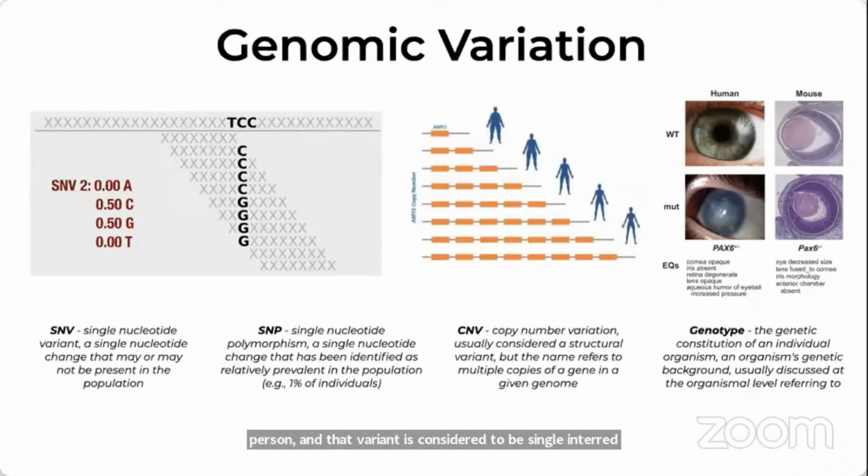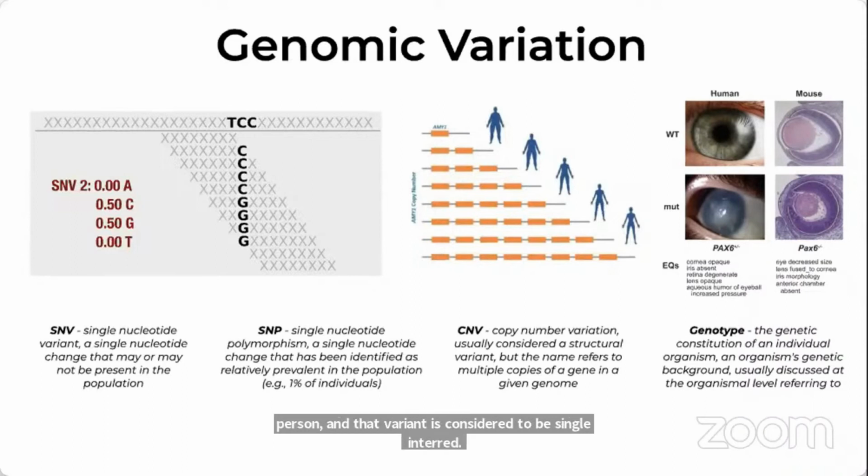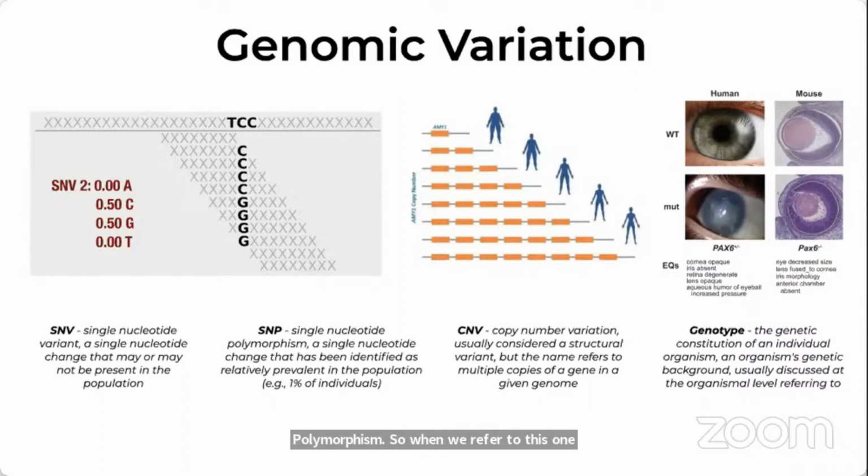So when we refer to this 1%, that refers to the whole population of that specific group, not the samples themselves. So now you can appreciate the amount of sequencing that has to go into estimating whether a variant is present in 1% of the whole population, to term it as SNP.